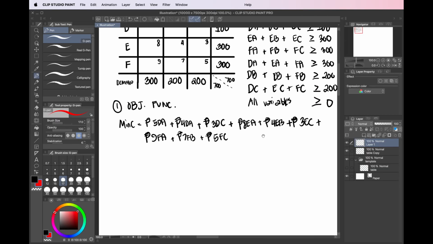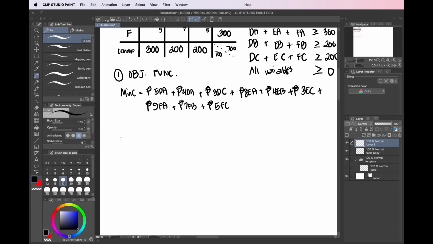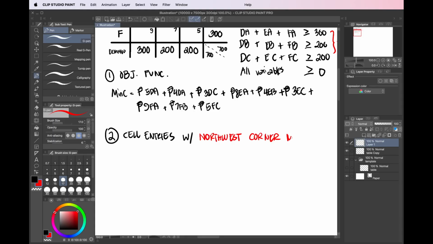After doing that, now that you have your constraints, we can now move on to entering cell entries using the northwest corner method. So let's put here cell entry with northwest corner method.